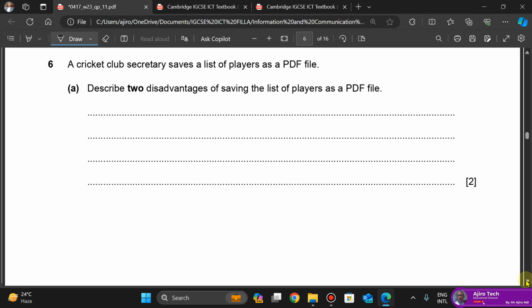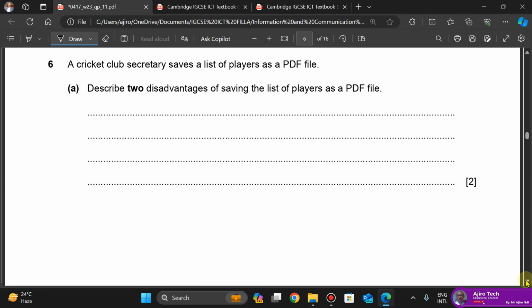Question 6. A cricket club secretary saves a list of players as a PDF file. We're going to see this in chapter 11 under file management, and it's part of an image file. A cricket club secretary saves a list of players as a PDF file.